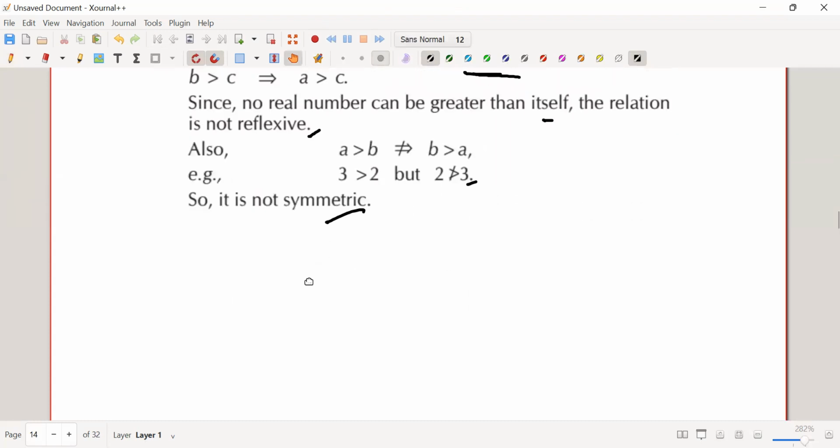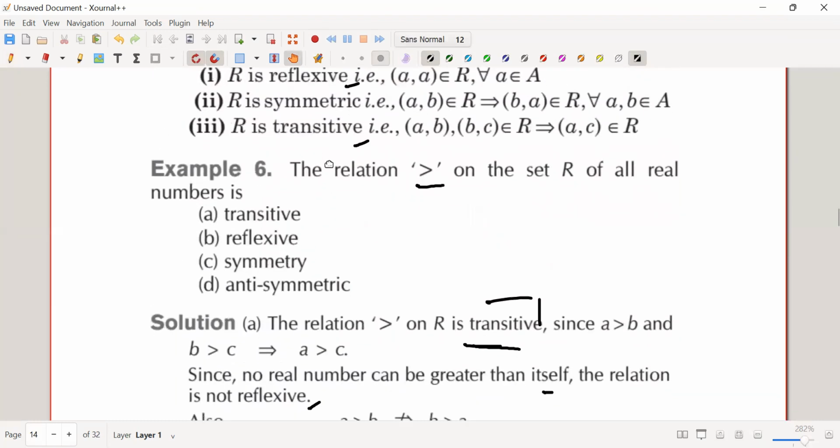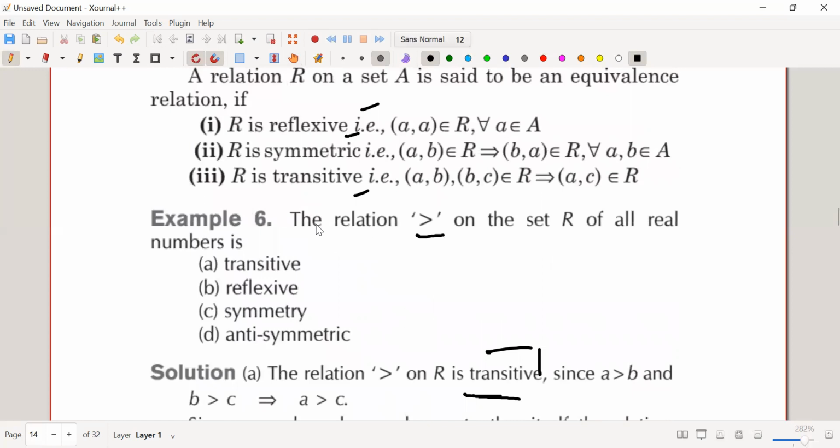So I'm asking whether it may be antisymmetric also, sir. In antisymmetric, there is a possibility of A equal to B, if the symbol is greater than or equal to. It's not A greater than B alone.